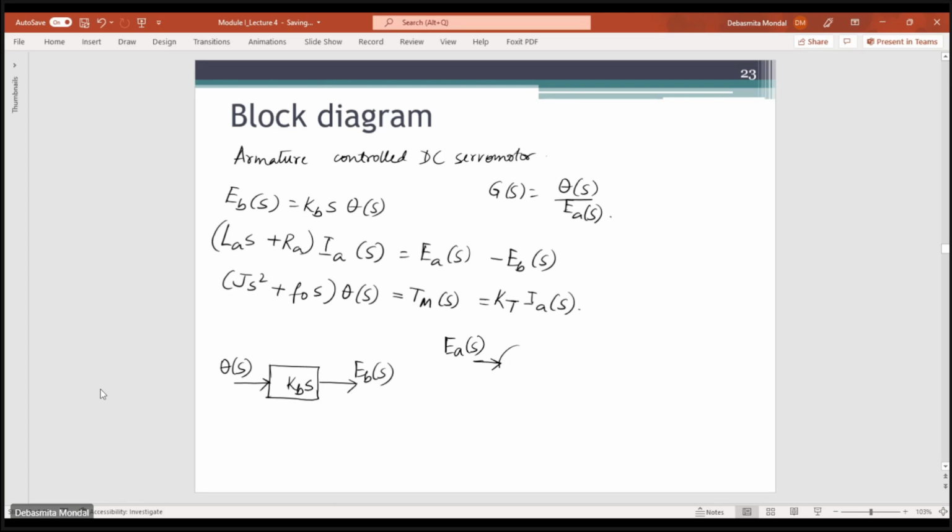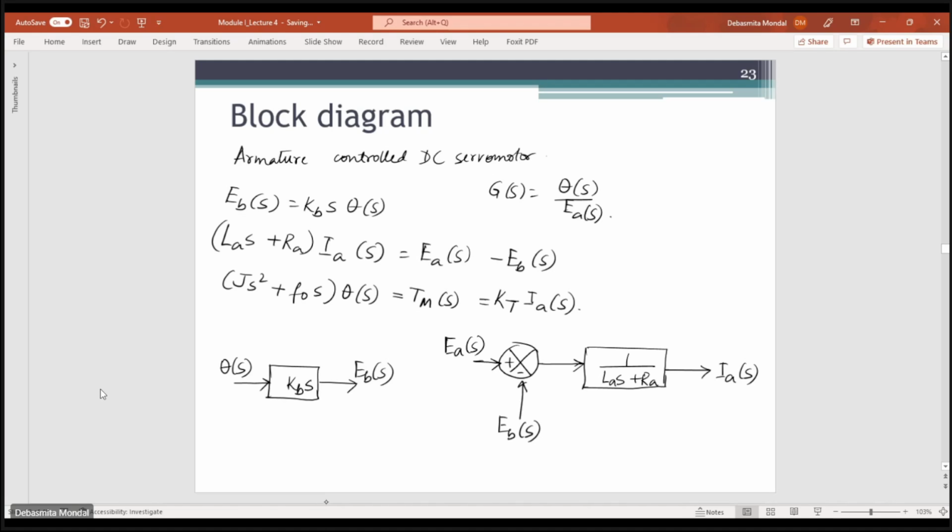You have E_A(s) and E_B(s). So E_A(s) minus E_B(s) is multiplied by 1 by (L_A s plus R_A), and the output is I_A(s). So I_A(s) equals E_A(s) minus E_B(s) multiplied by 1 by this term.